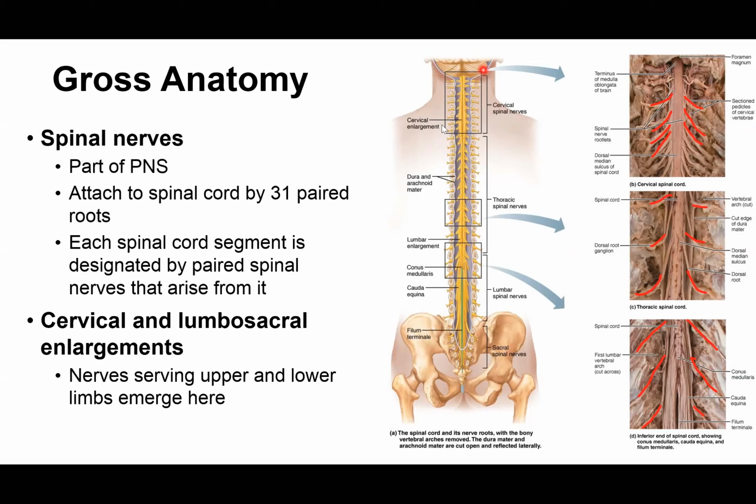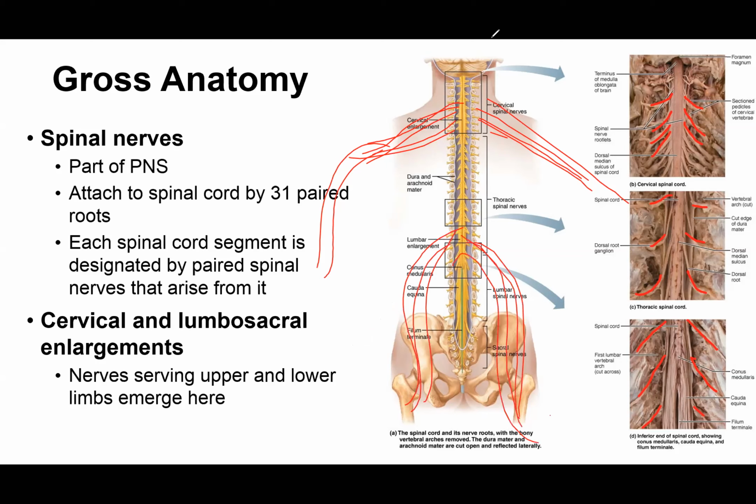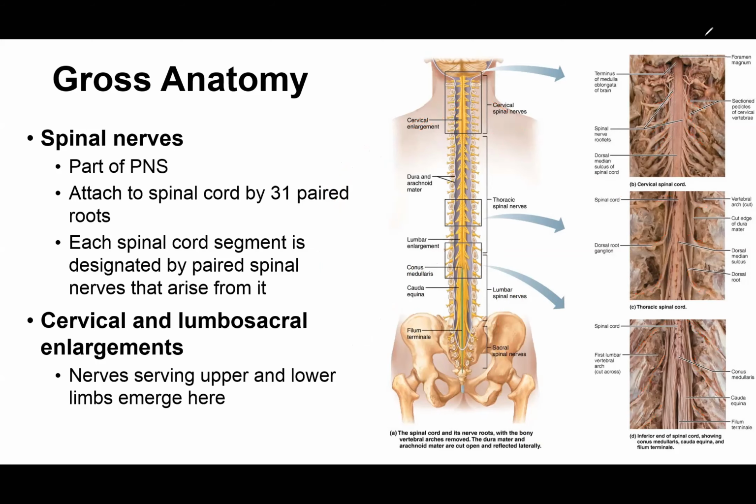So these regions would have a much higher density of nerves coming from them. In this area, we have to spit out a whole bunch of nerves to go on and serve the arm, right? And the same situation down here, we have to spit out a lot of nerves to go on and serve the legs. So these regions are going to be a lot thicker compared to other regions.